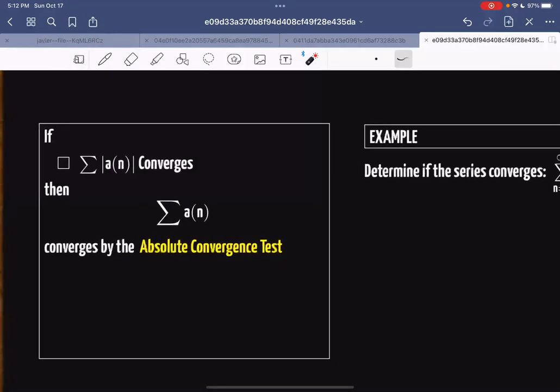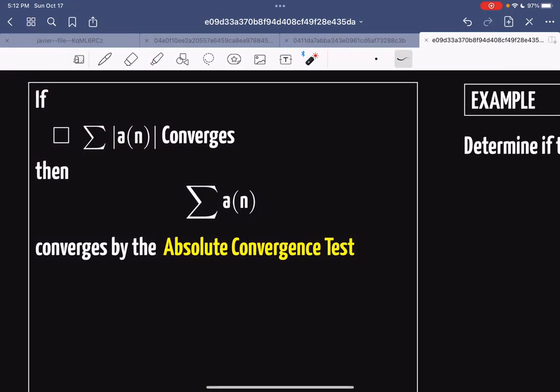So here we go. The convergence test says that if the absolute value version of it converges, then you're done. The original one converged. And when that happens, we call the series absolutely convergent. Okay?